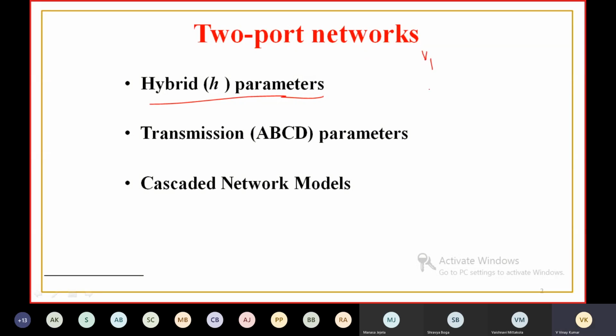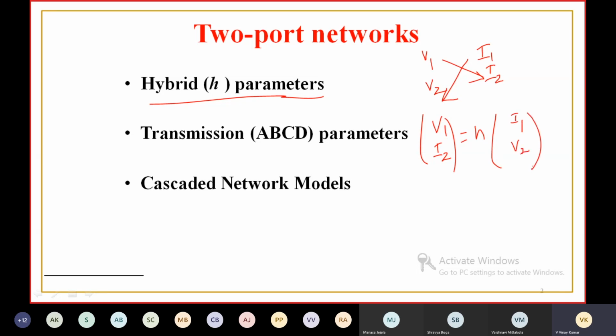You do one thing, you write like this: V1, V2, I1, I2. You put an arrow like this, and one more arrow like this. Then you take V1, I2, which is equal to H into I1, V2.